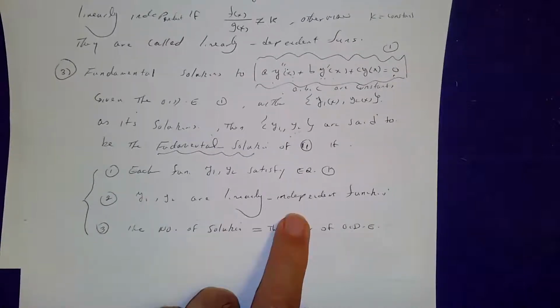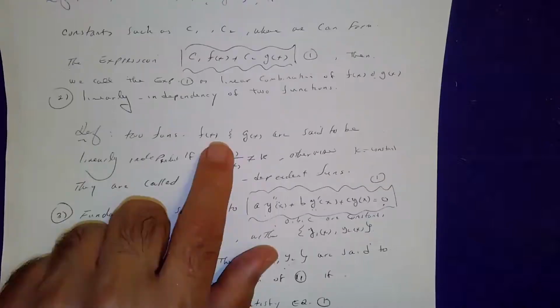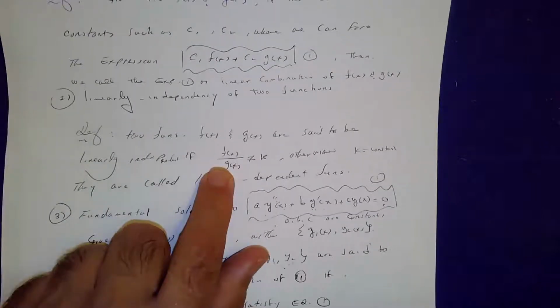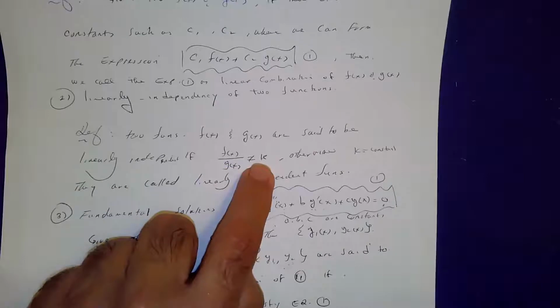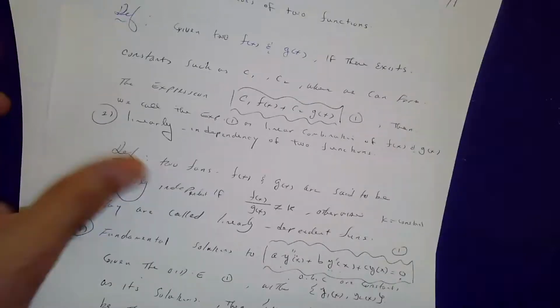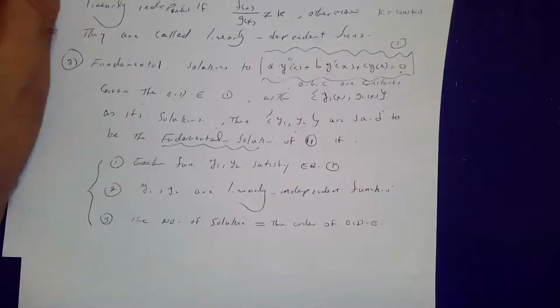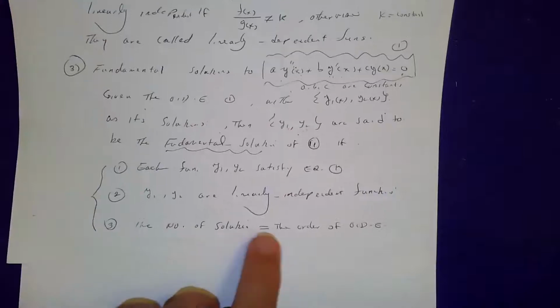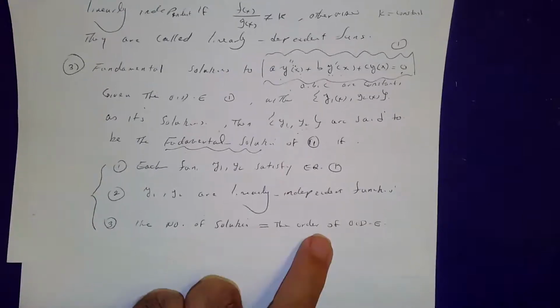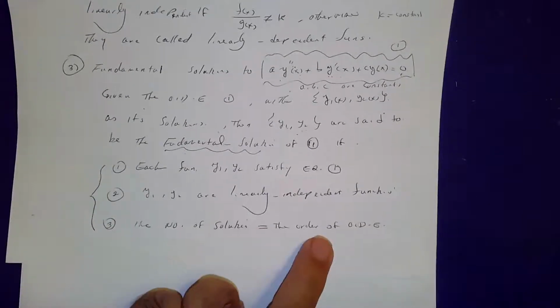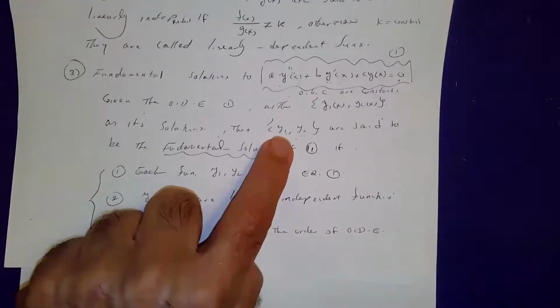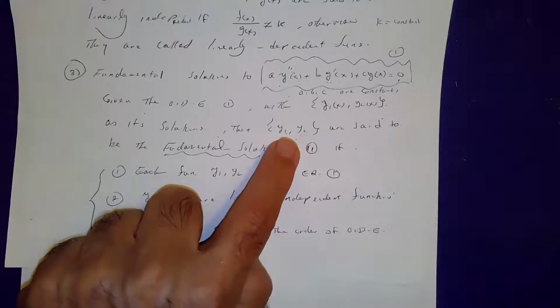What's linearly independent? That means if you take the ratio of two solutions, it should not be a constant. In other words, they should not be combinable, yes? Also, the number of solutions in the fundamental solutions should match the order of the differential equation. So if the differential equation is second order, you gotta have two of these. If it's third order, you gotta have three, and so on and so forth, correct?